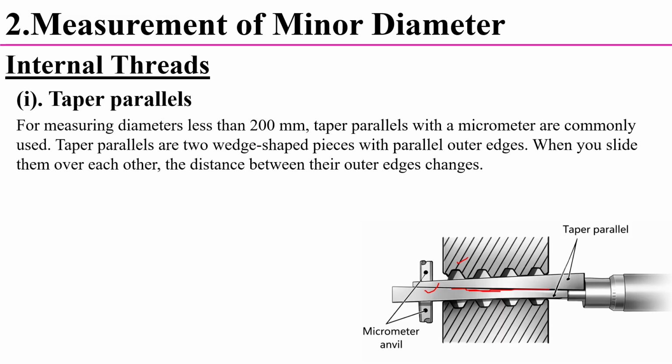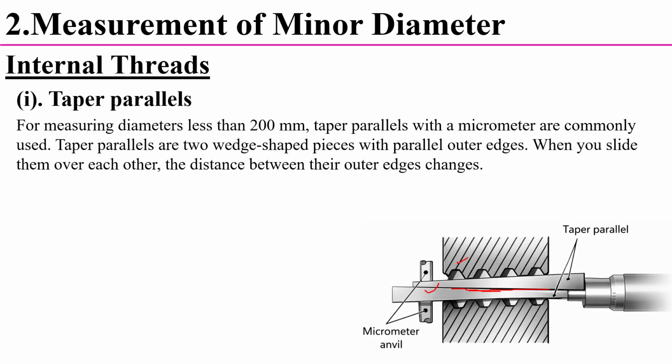For measuring diameters less than 200 mm, taper parallels with a micrometer are commonly used. So this method is applicable for diameters less than 200 mm. These taper parallels are two wedge shaped pieces with parallel outer edges.